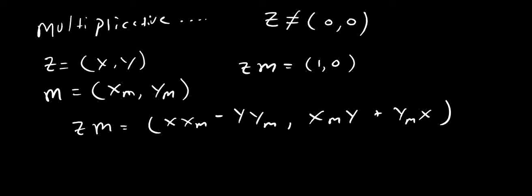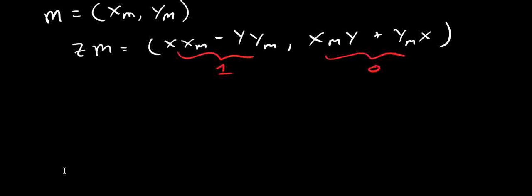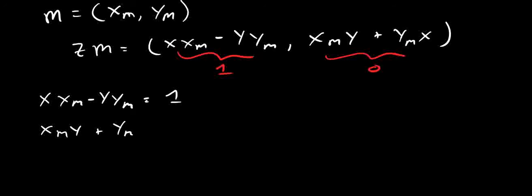And so now we have to make this part of the equation equal to 1 and this part equal to 0. And we can do that right here. So x times xm minus y times ym has to equal 1, and then xm times y plus ym times x equals 0.